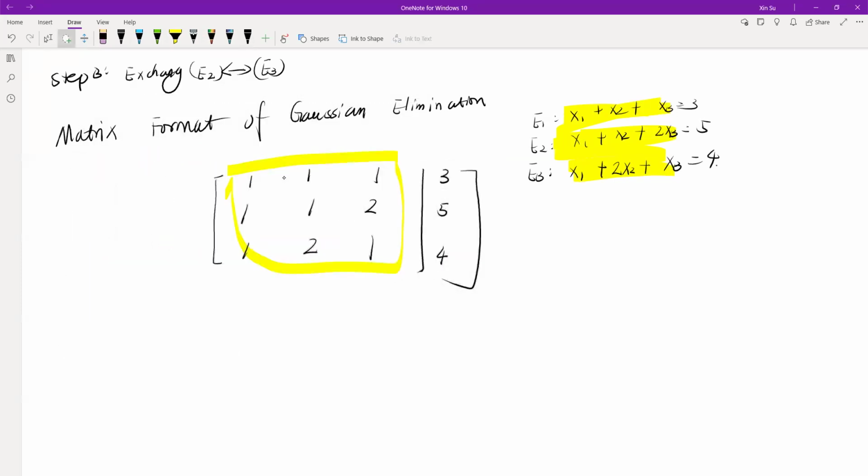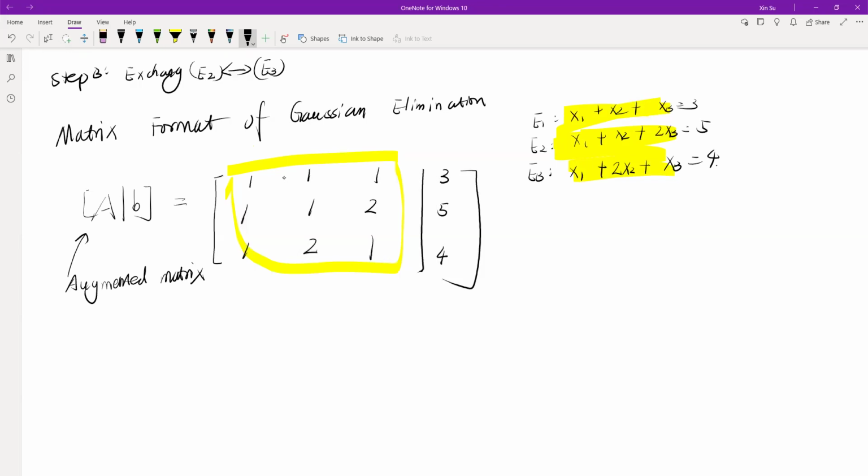This is a linear system of equations, and I put the A matrix on the left, and then I use the vertical line here, and then B is the right-hand side. We call this the augmented matrix.